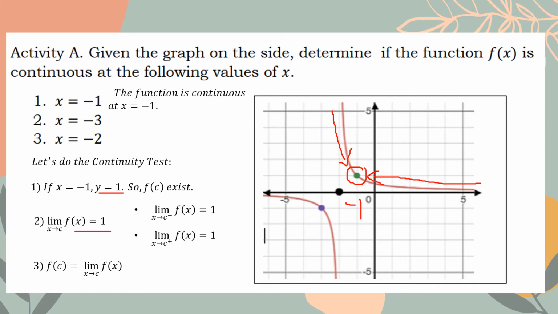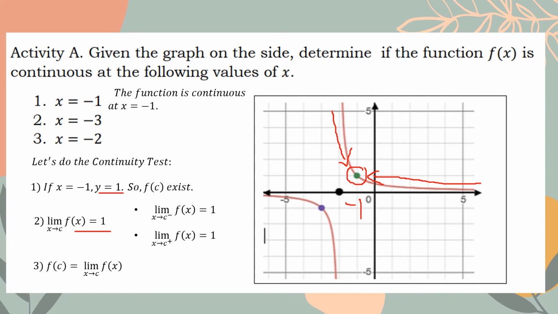Again, continuity test. F of c first: you just have to substitute right away. If it's a graph, you find where x is, and you find its y value. And that is 1. That is the first condition.